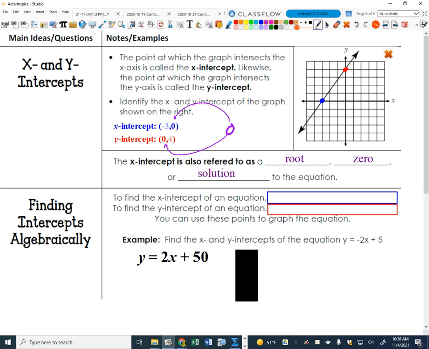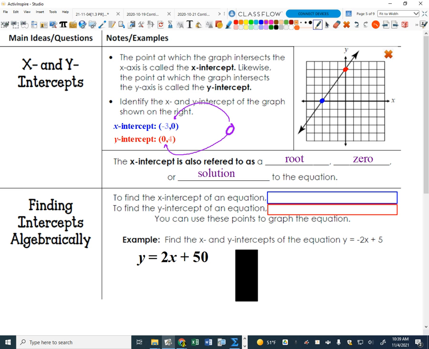It has to be that way, doesn't it? Because think what an x-intercept is. An x-intercept is where a line crosses the x-axis. Well, every point on the x-axis has to have a y-coordinate of 0, doesn't it? To be on the x-axis. It can't be up or down at all, right? The y-intercept is where the line crosses the y-axis, and every point on the y-axis can't be left or right at all from its starting place at the origin. So it's got to have an x-coordinate of 0.